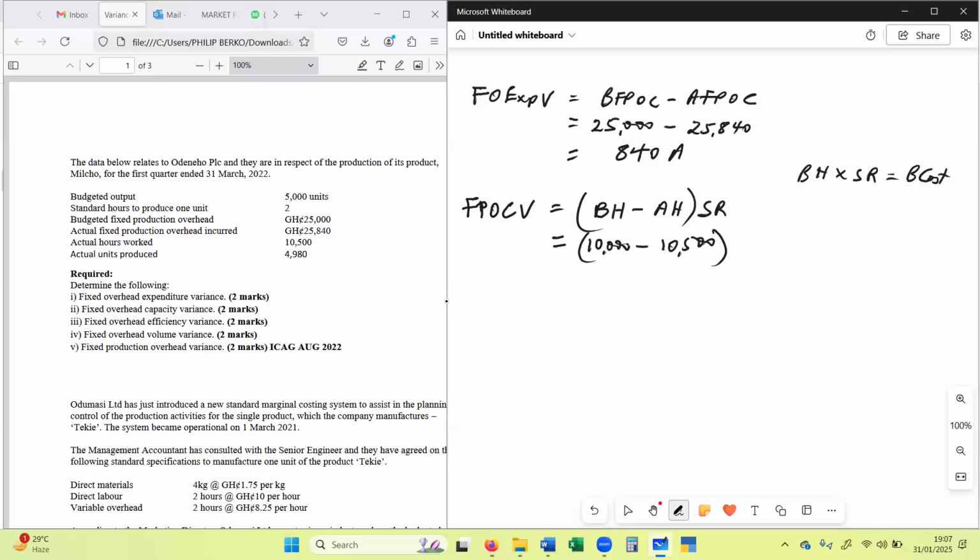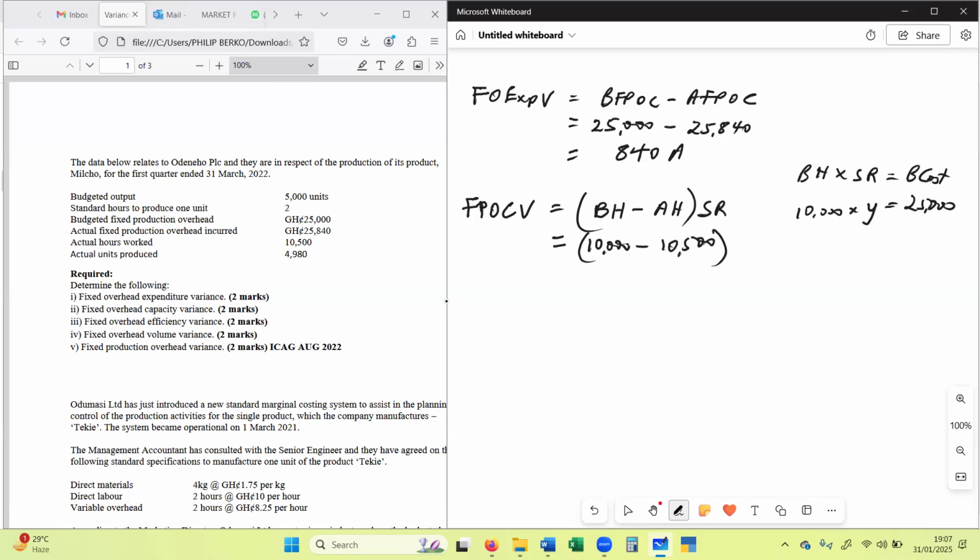The budgeted cost is 25,000 and the budgeted hours is 10,000.